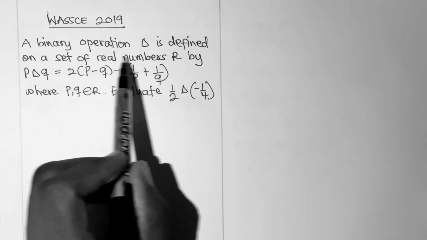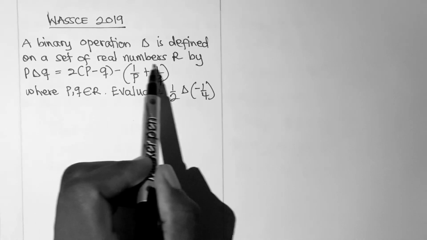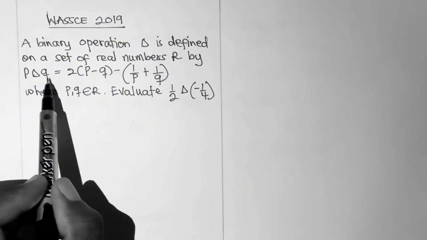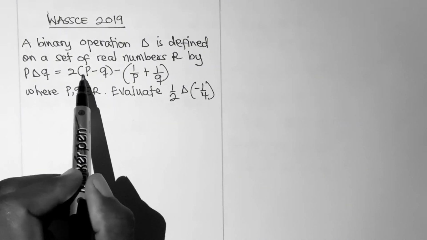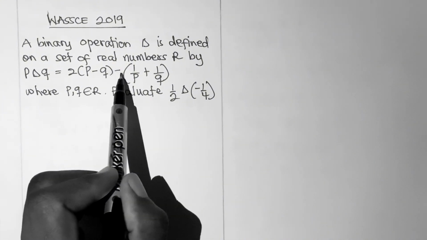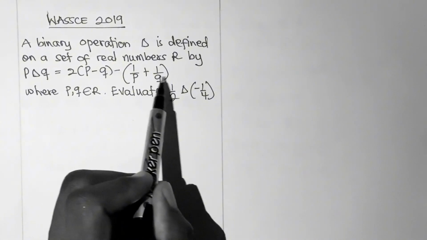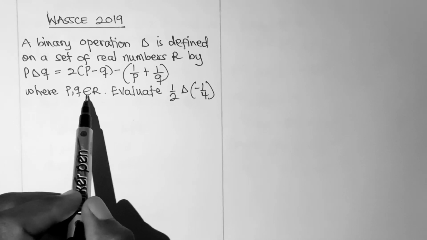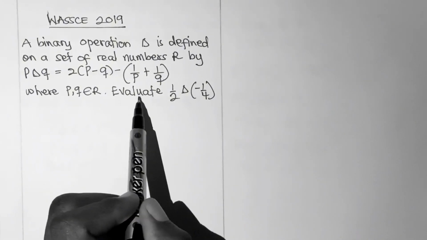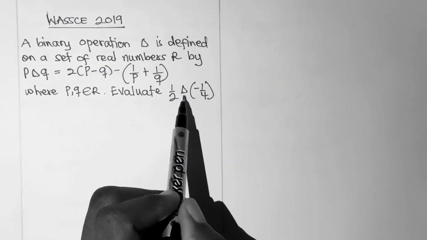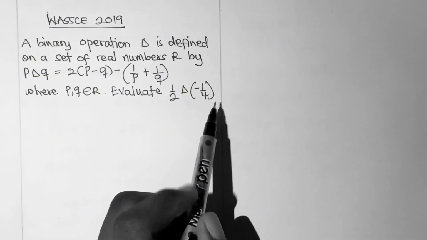A binary operation delta is defined on a set of real numbers R by P operation Q equals 2 times into bracket P minus Q minus into bracket 1 over P plus 1 over Q, where P and Q are members of real numbers. Evaluate 1 over 2 operation minus 1 over 4.